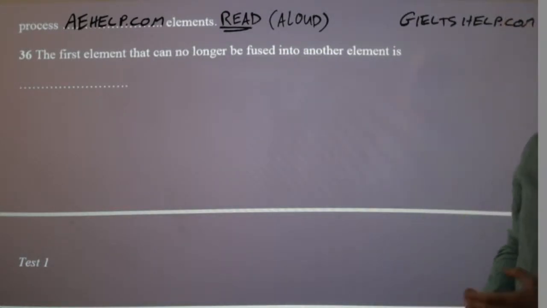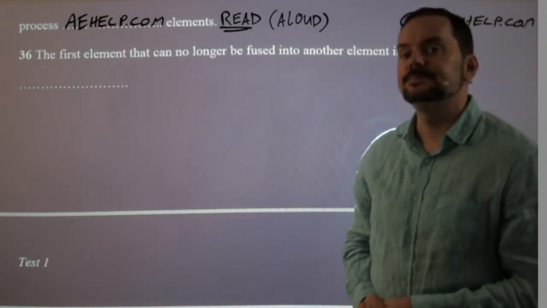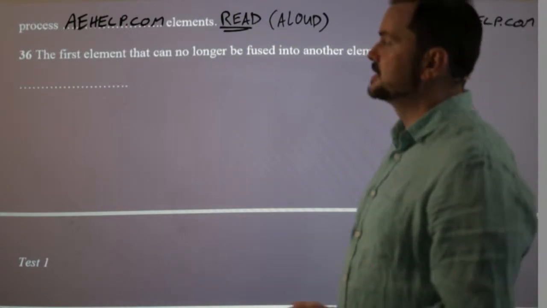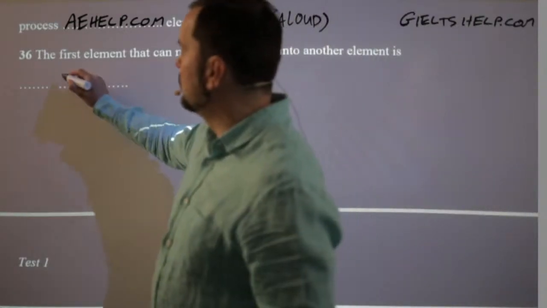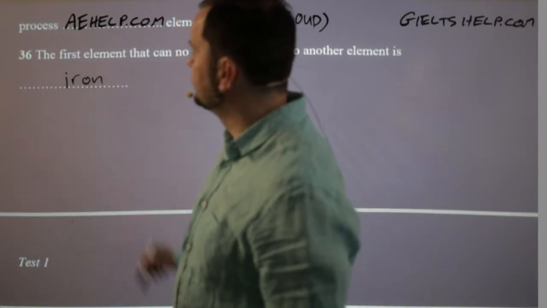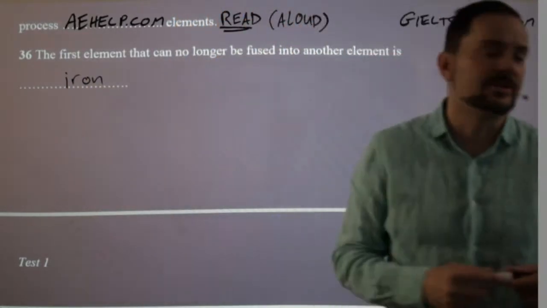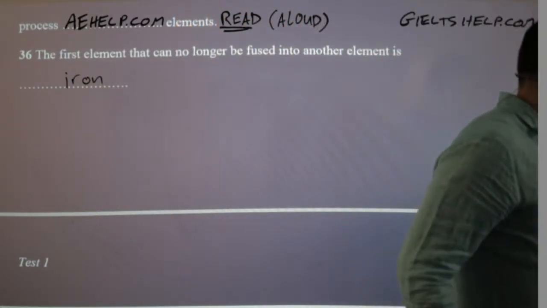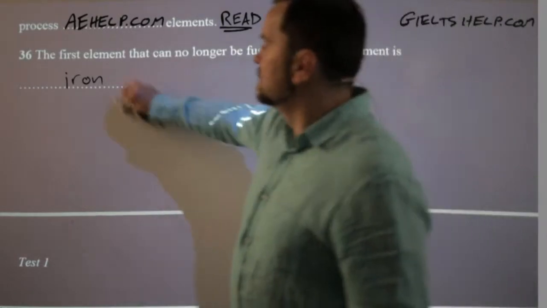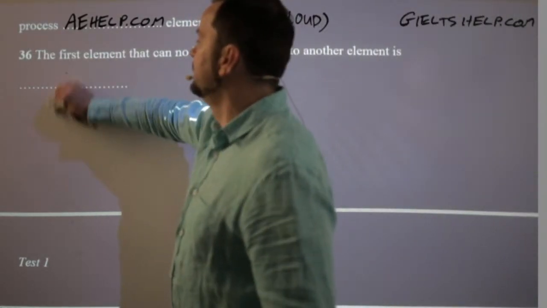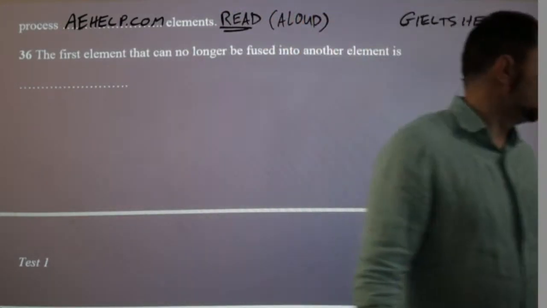So what's the first element that can no longer be fused into another element? Very good, David. Yeah, that was iron, right? The iron core. Excellent. Okay, great. So once it's all iron, it's the beginning of the end.